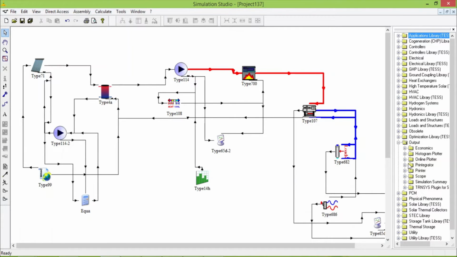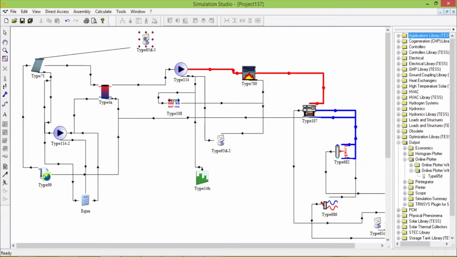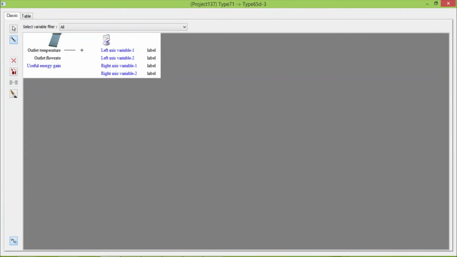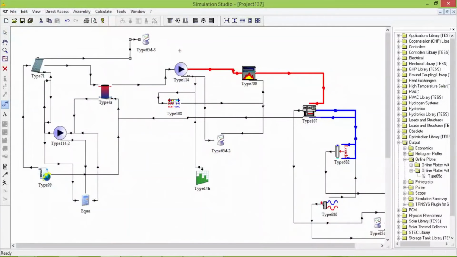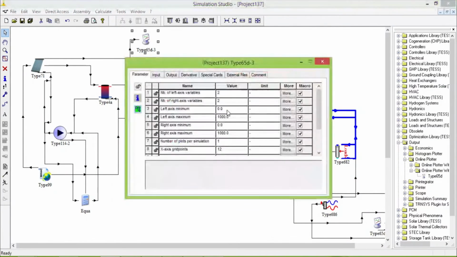The online plotter. Quality collector to use. Okay, 200.